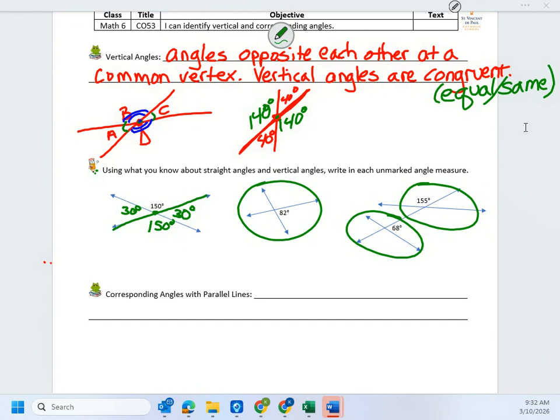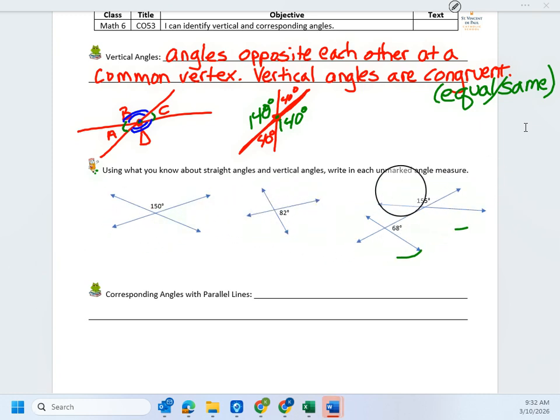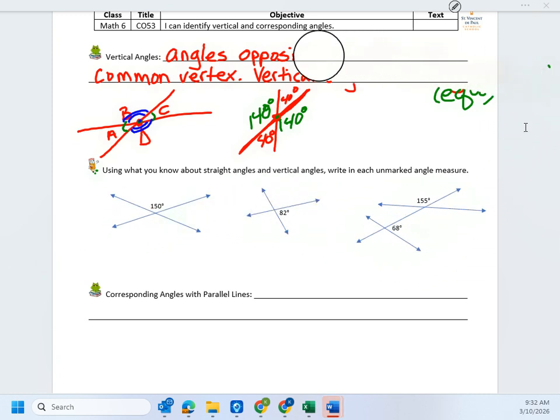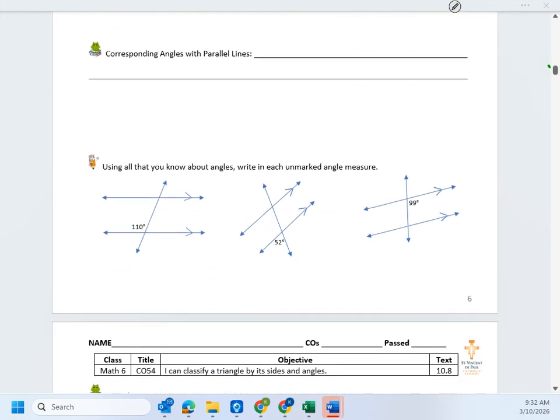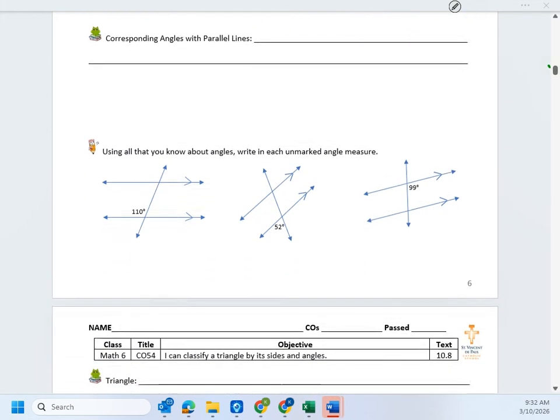But before we do that, we're gonna learn what corresponding angles with parallel lines are. Okay, so let me scroll up so we can get our new vocab term. Corresponding angles with parallel lines.